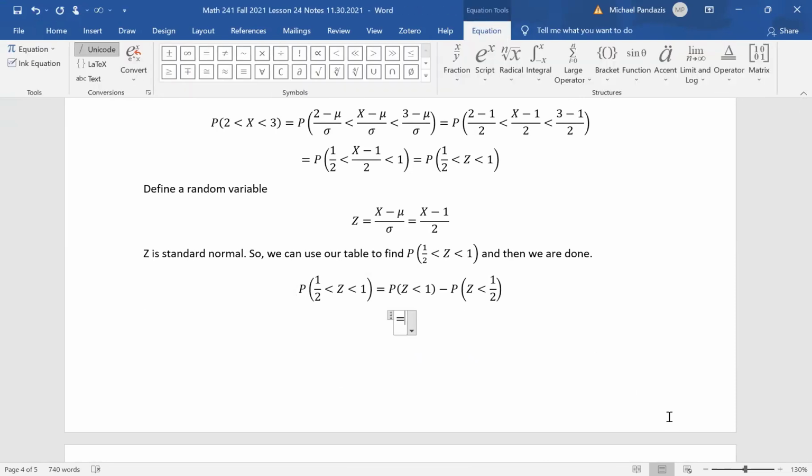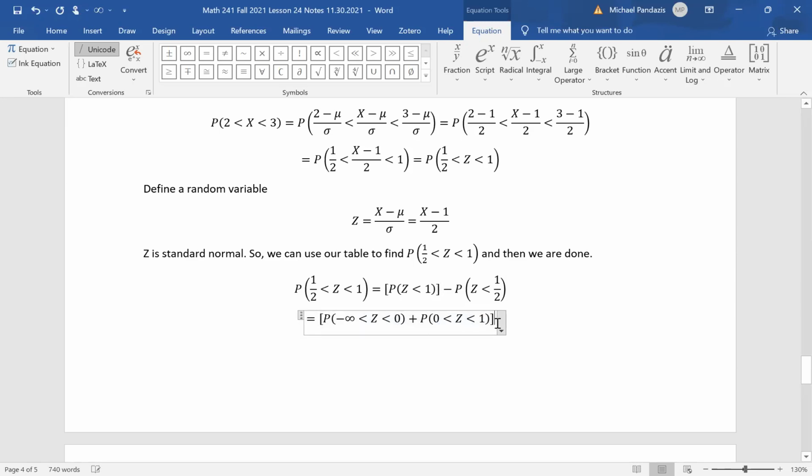Now, this is also equal to the probability that negative infinity is strictly less than z, strictly less than 0, plus the probability that 0 is less than z less than 1. That's for the first thing, right? So the first probability is the sum of those two. That's this.